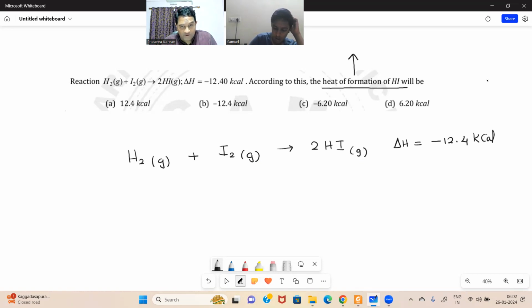Do you remember how we wrote it for calcium carbonate? Yes. Now you write the equation for heat of formation of HI and tell me the equation. H plus I forms HI.